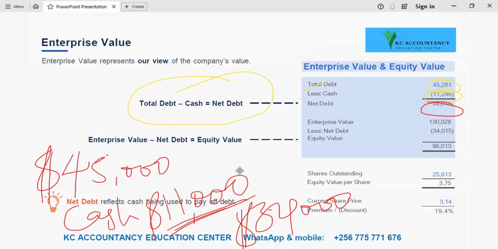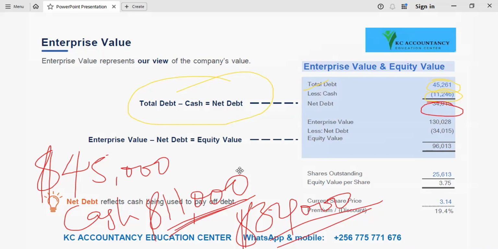Just take it like this. You have a loan in the bank and you've gotten some cash. They are demanding 45,000 from you, but you've gotten cash of 11,000. So the whole idea is that you go and pay off the loan with the cash you have, towards the settlement of that loan, and you remain with the balance of debt.